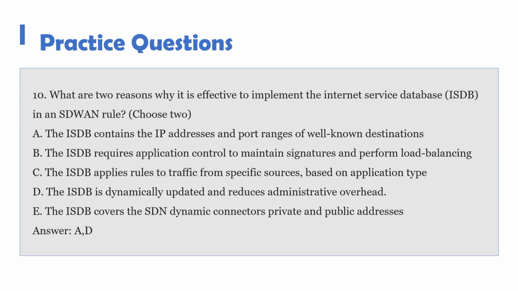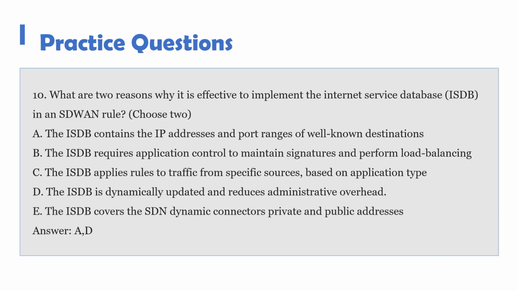10. What are 2 reasons why it is effective to implement the Internet Service Database, ISDB, in an SD-WAN rule? Choose 2. A. The ISDB contains the IP addresses and port ranges of well-known destinations. B. The ISDB requires application control to maintain signatures and perform load balancing.